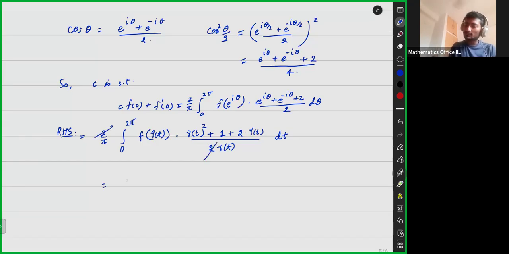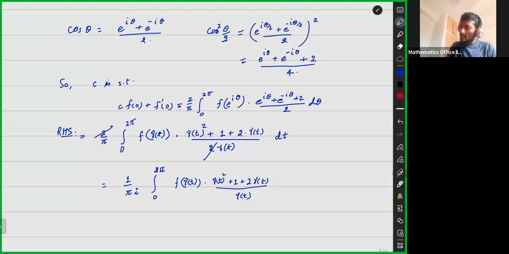So this becomes 1 upon pi i. I'm going to multiply in the numerator this integrand also, 0 to 2 pi, f of gamma t into (gamma t square plus 1 plus 2 gamma t) divided by gamma t.